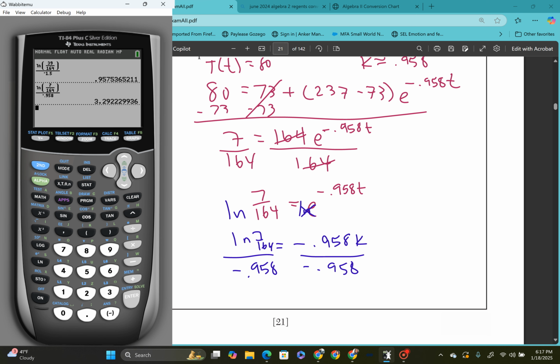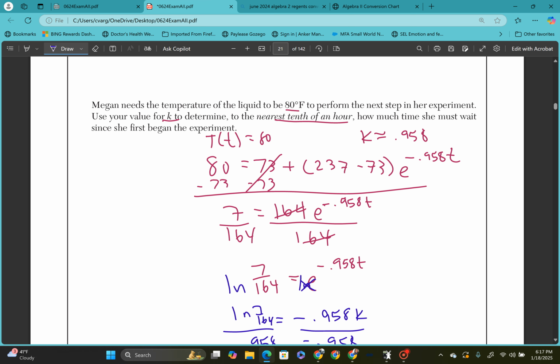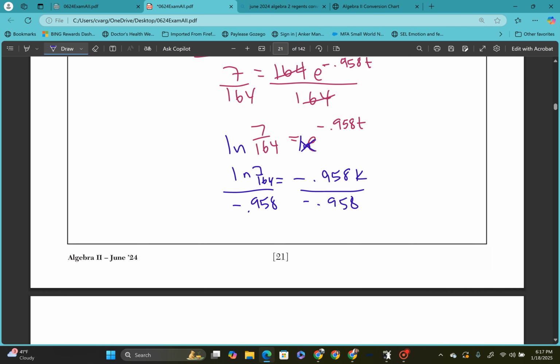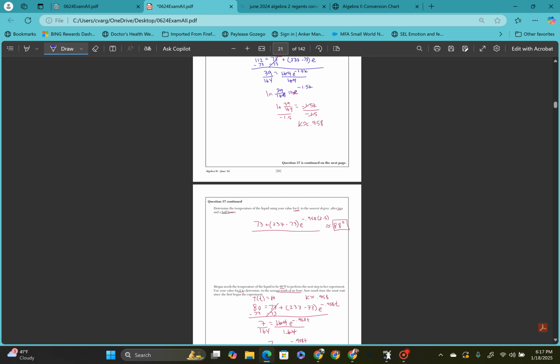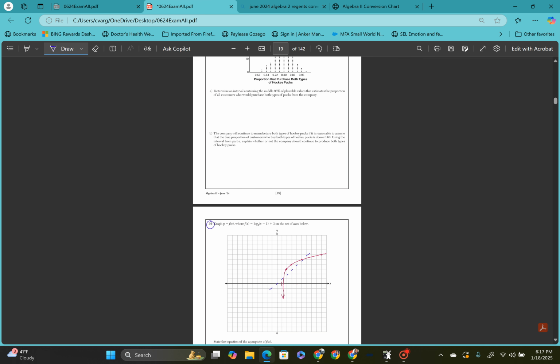Hit enter, and I get that this is about, what do they want me to round to? To the nearest tenth. So K, have I been saying K? Wait, this is T. T is about 3.3. Right? That's what my calculator gave me. This is about 3.3. So that whole thing is 6 points. All right, completely doable. Great job.